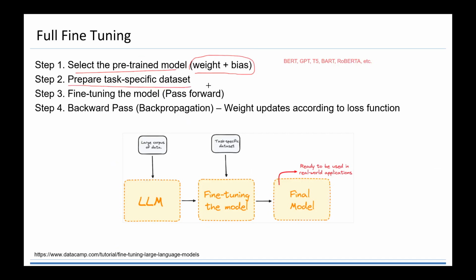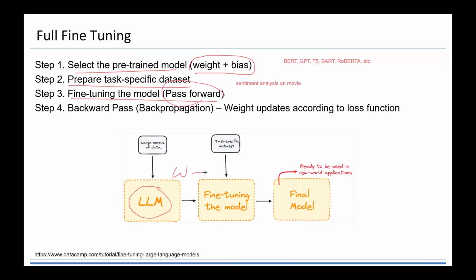For example, I want to do sentiment analysis on the movie dataset. Once you prepare the task specific dataset, you can do the fine tuning. Fine tune means you pass forward the weights.